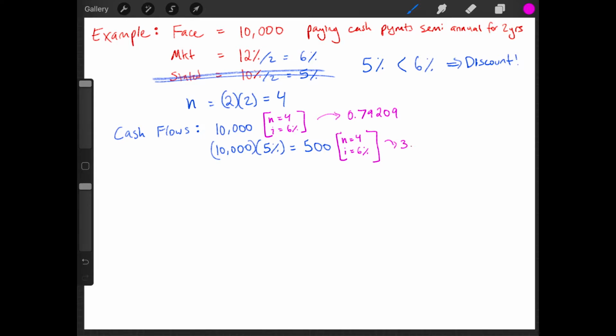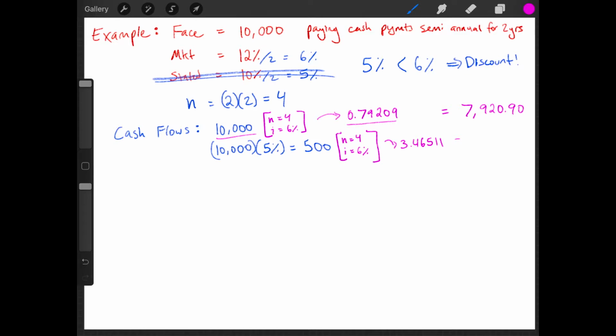And whenever I'm calculating the present value of my cash payments made during the life of this bond, I'm always going to be using my present value of an annuity table to grab my discount factor because this $500 is paid multiple times. So it's an annuity and not a single sum. In this case, it is 3.46511.